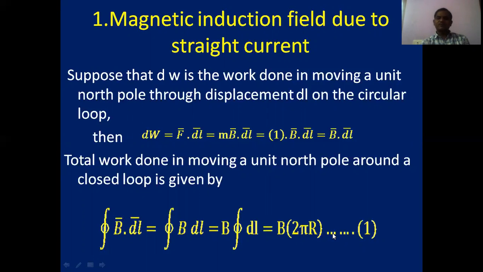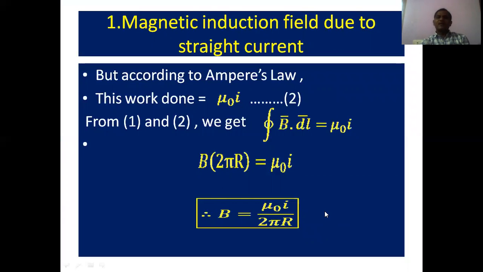Say equation 1. But according to Ampere's law statement, the work done in moving the unit north pole around a closed loop is equal to what? Mu naught into I. This is equation 2. From equation 1 and 2, by equating these two, we get closed integral B bar dot dl bar equal to mu naught into I. So left side B into 2 pi r substituted equal to mu naught into I. Therefore, B is equal to mu naught I by 2 pi r.